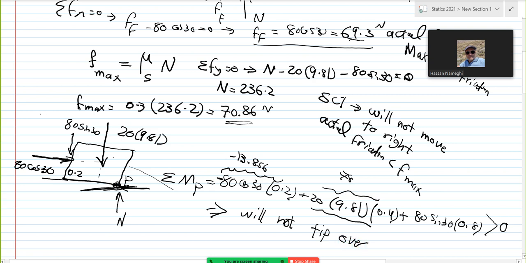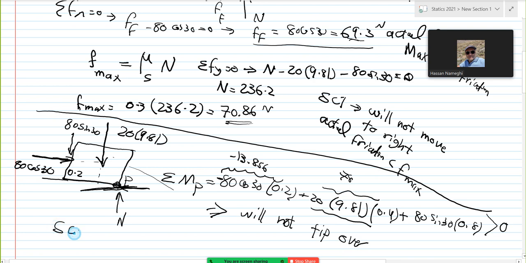And this is our scenario too. Because of the direction of the rotation, the 80 cosine 30 about point P is going to go clockwise, right? Let me change my pen and show you why.